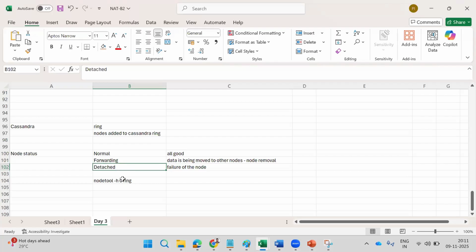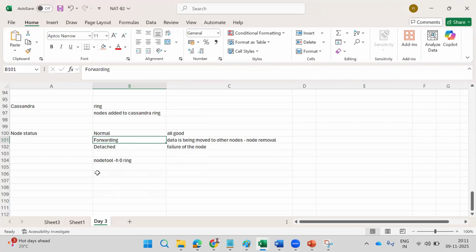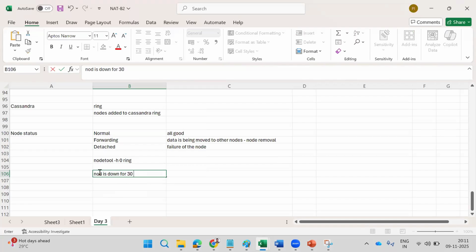Okay, so when will a node be detached, taken out of the Cassandra ring and put into forwarding mode? If any of the following conditions match: if the node is completely down for 30 minutes, then the ring status will be forwarding, because it will start forwarding the information. Or 7 flaps in 15 minutes.